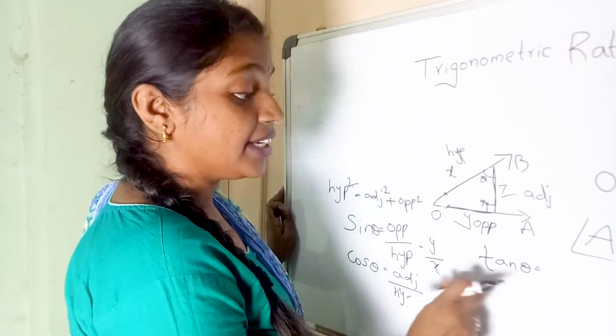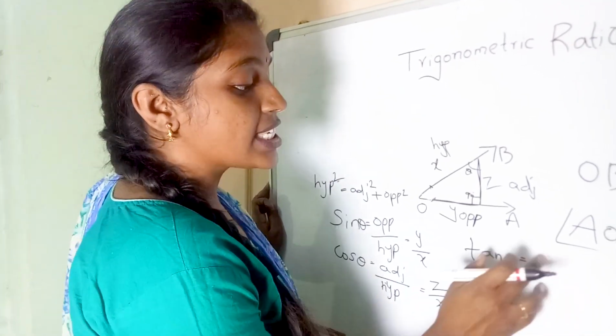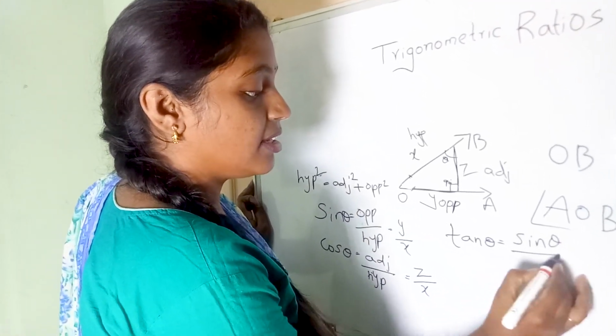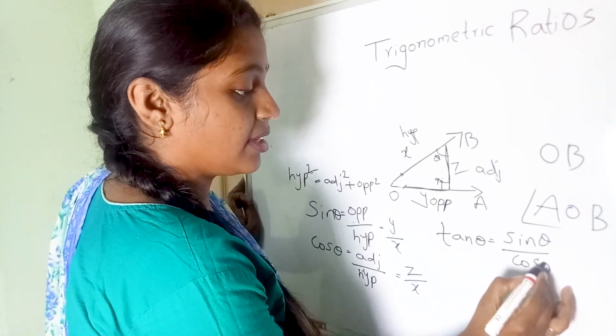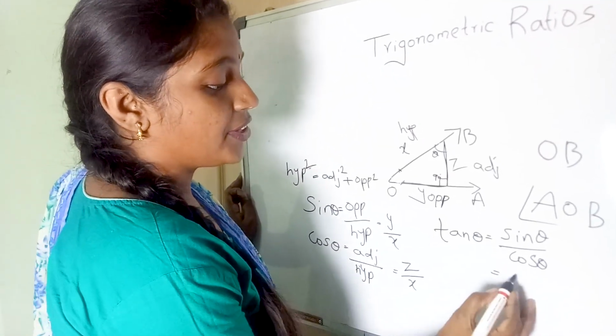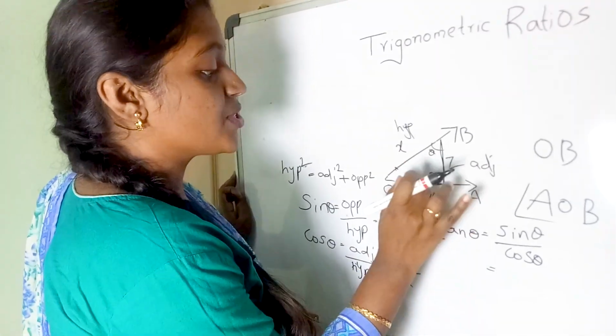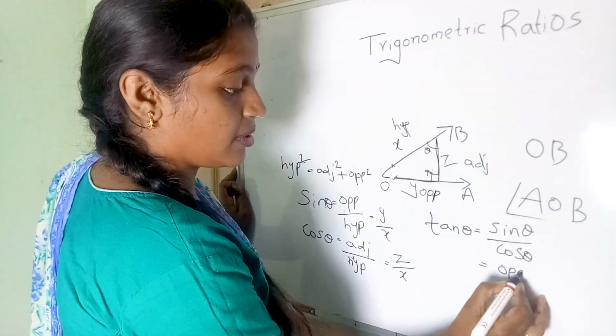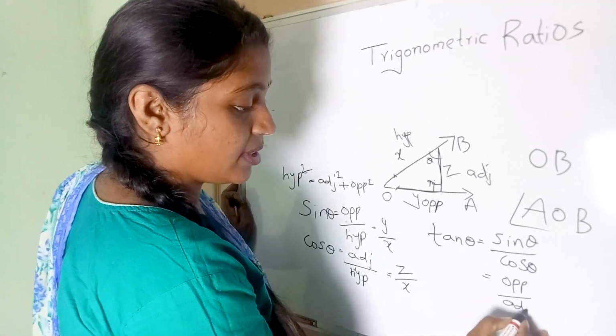Tan theta can be written as sin theta by cos theta. Otherwise, normally you can write it as opposite by adjacent.